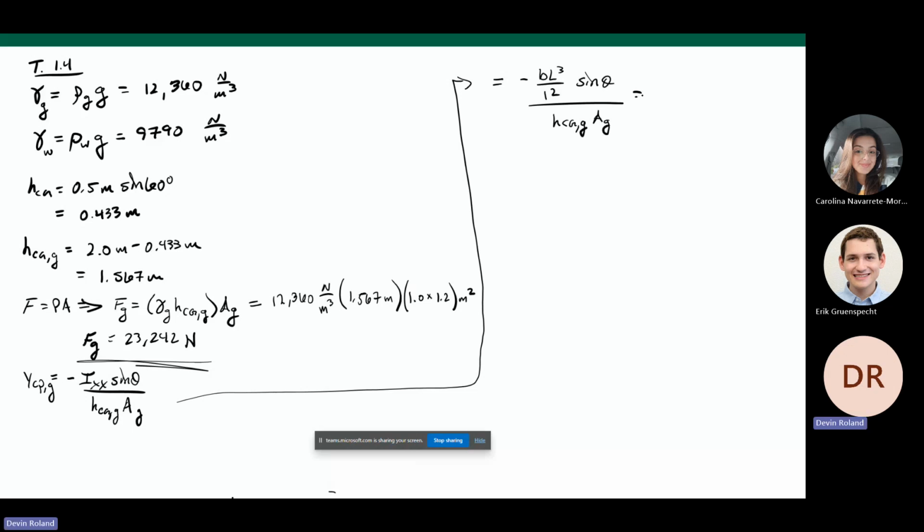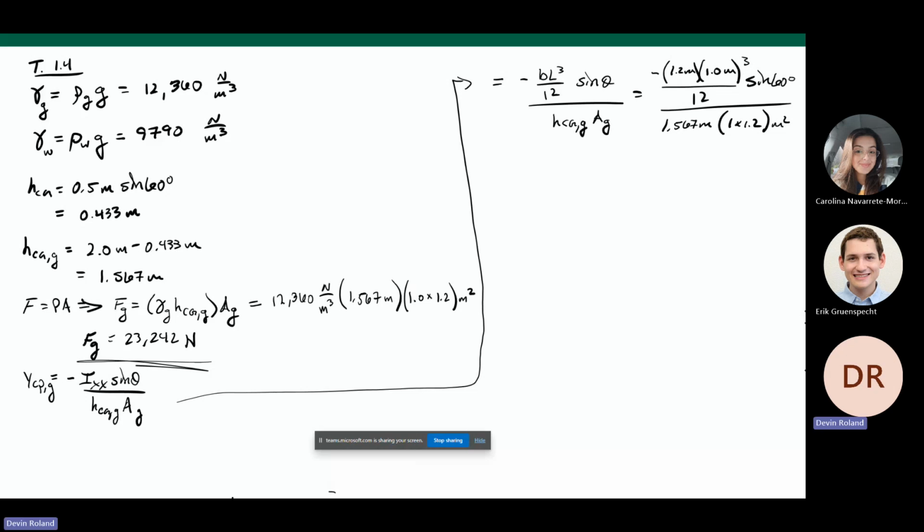If we plug our values in, we get negative: the base of this gate is 1.2 meters, the length of it is 1 meter, cube that, divide by 12. Our sine is sine of 60 degrees, and divide that by the height center of gravity of glycerin, 1.567 meters, multiplied by the area.